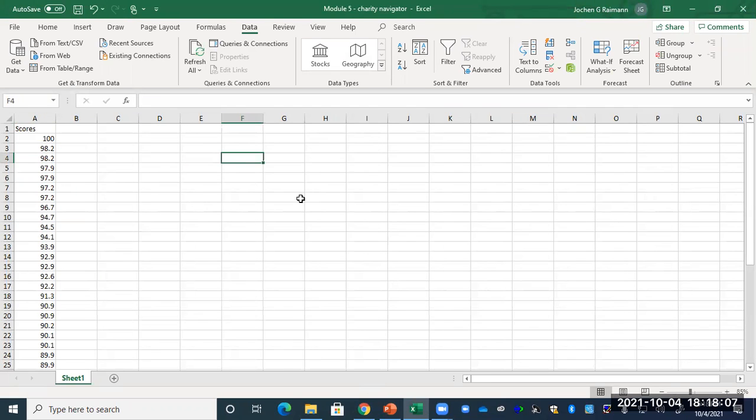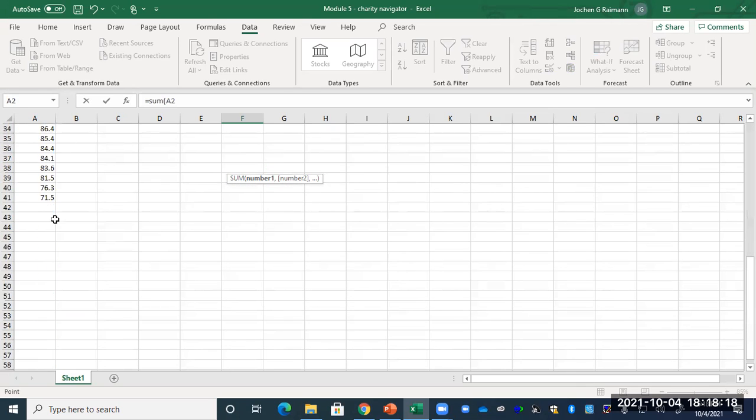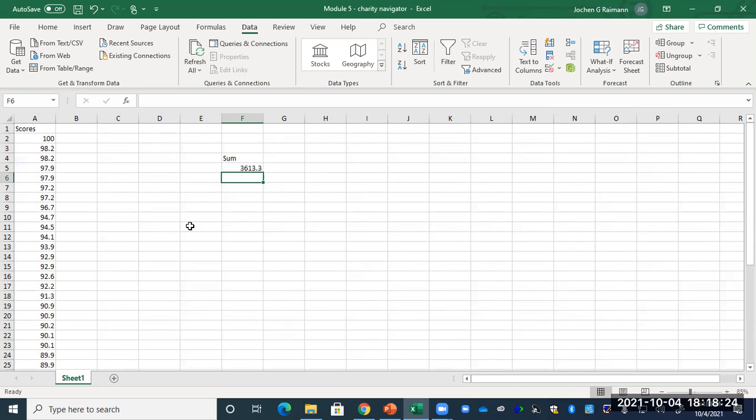if we are to sum this up now, we easily do this in Excel with the equal sign, SUM, bracket, and then A2 to A41. That's all that's needed.